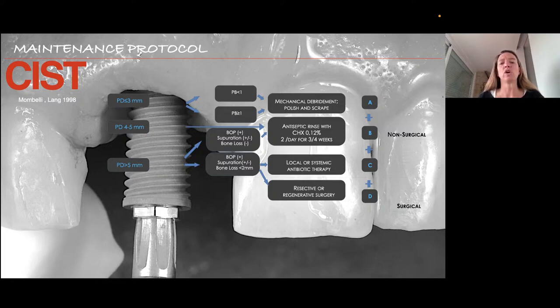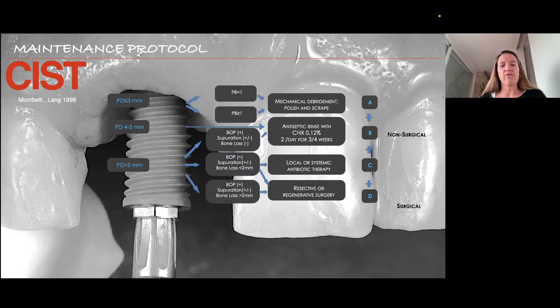And then you have to decide whether you still keep the non-surgical method, which is to add local or systemic antibiotic therapy, or whether you go for surgical therapy, meaning resective or regenerative surgery. Usually, resective surgeries are more advised for the posterior or non-aesthetic areas, while regenerative surgery is advised for anterior and aesthetic areas.